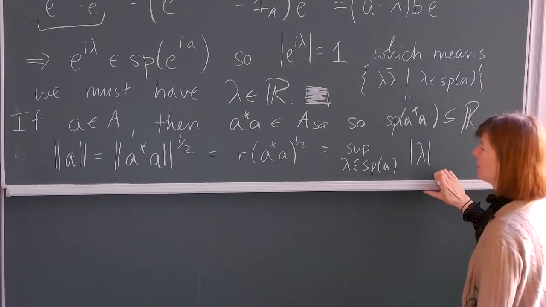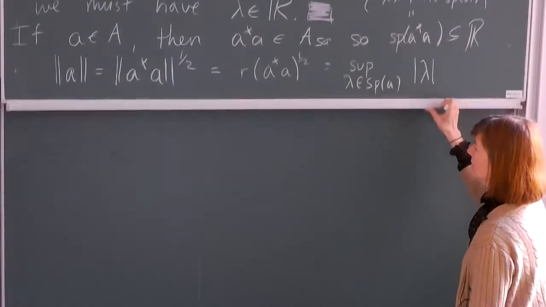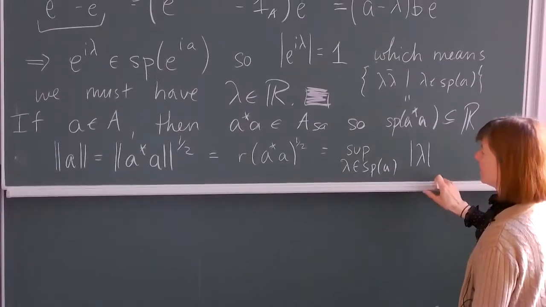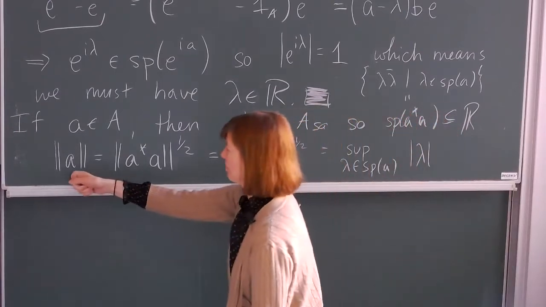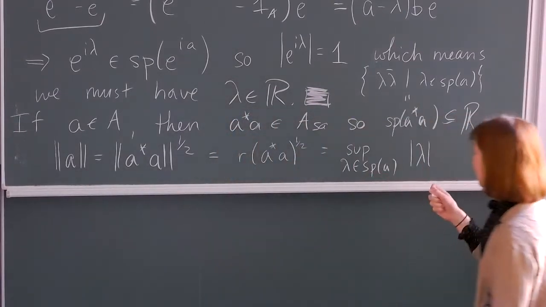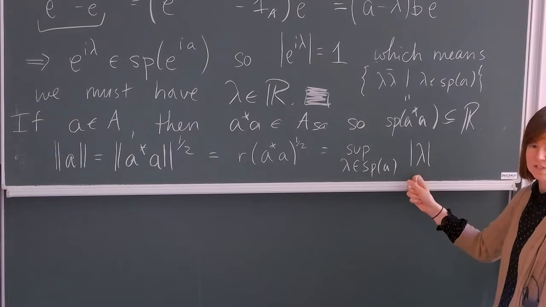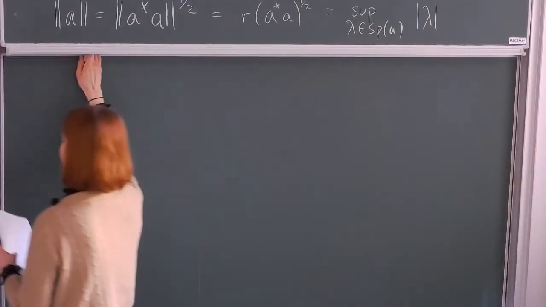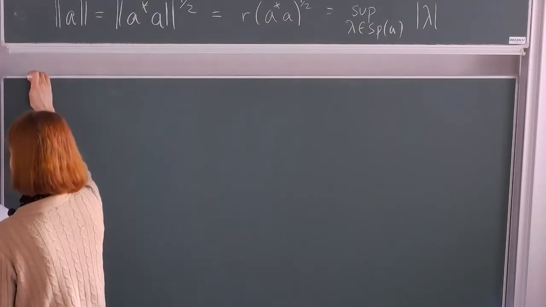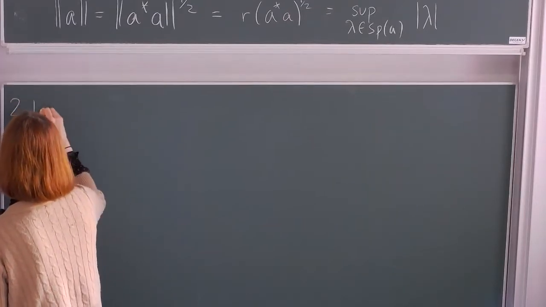Okay. So then this is quite nice because this actually is telling us that the norm of a only depends on the spectrum of a. So that gives us the following theorem, which is really quite a nice theorem.